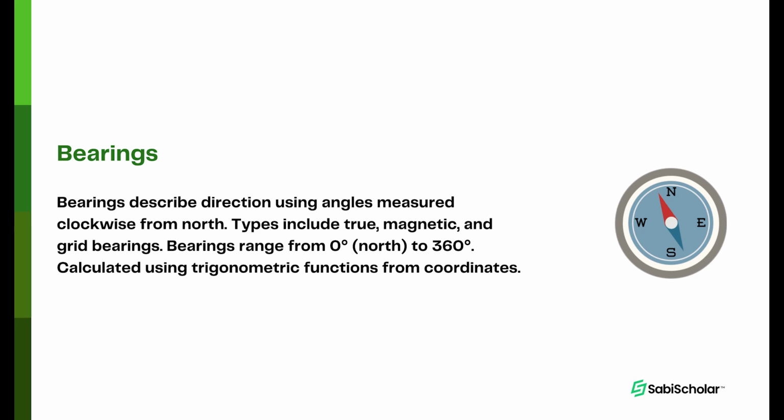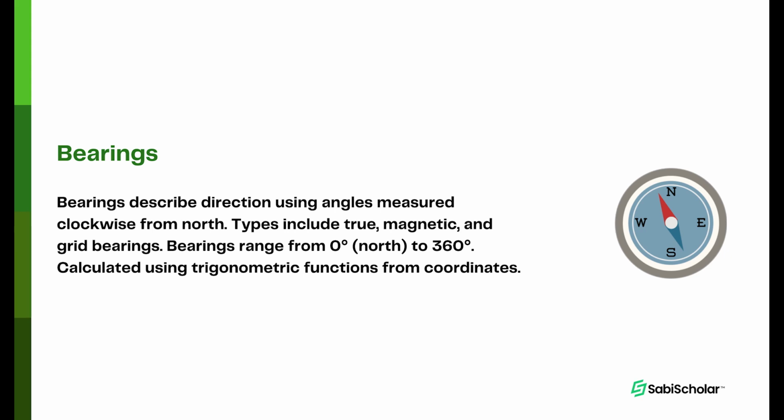So basically, bearings are classified into true bearings, which are measured from the geographical north, called the true north; magnetic bearings, measured from the magnetic north, which can differ from the true north due to variations in the Earth's magnetic field which change over time; and grid bearings, which are used in mapping and surveying, measured from grid north and also map projections.